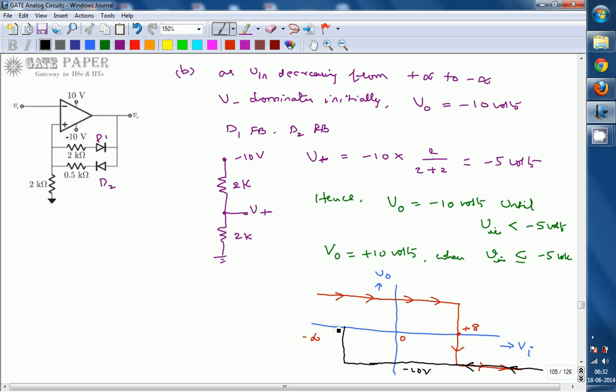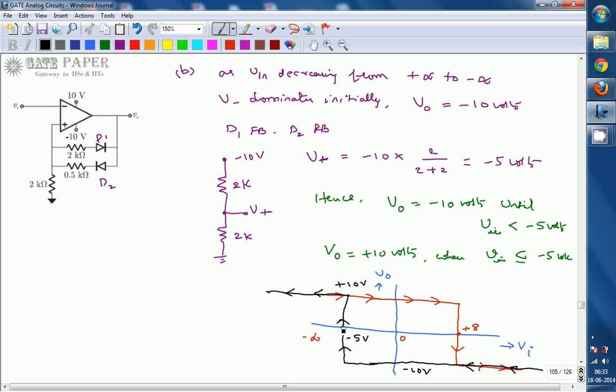This is minus 5 volts, and by that time the output voltage turns towards plus 10. So you are moving in this direction as the input voltage decreases from plus infinity to minus infinity, and it reaches plus 10 volts. So these are the characteristics.